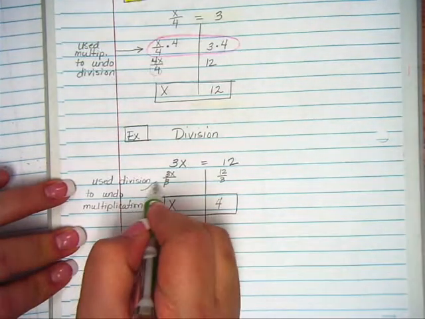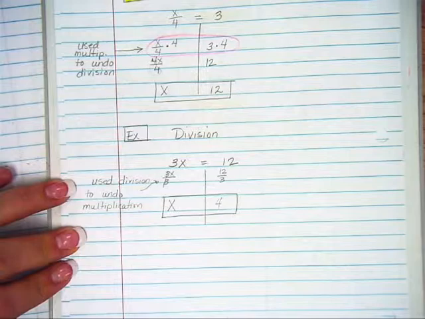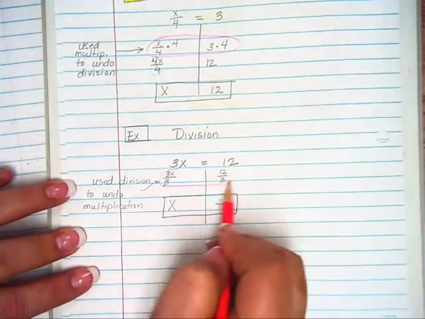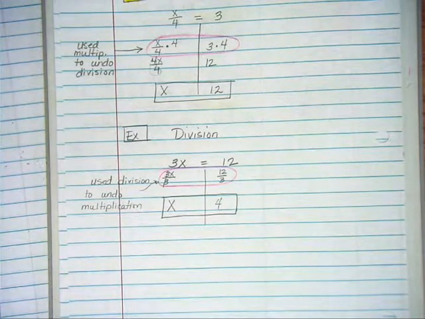And then what we did to this side, we also did to the other side, so I'll circle that. Always check for those things. Make sure you've done it to both sides.